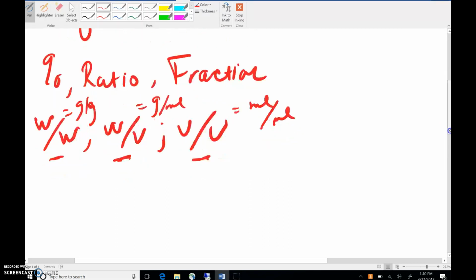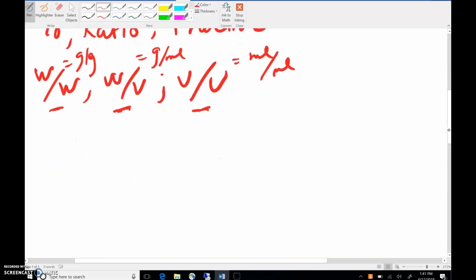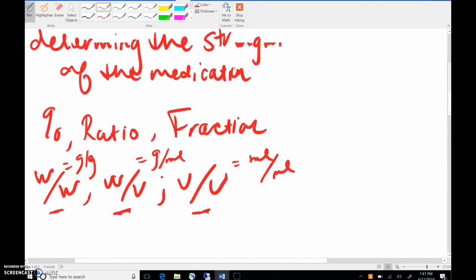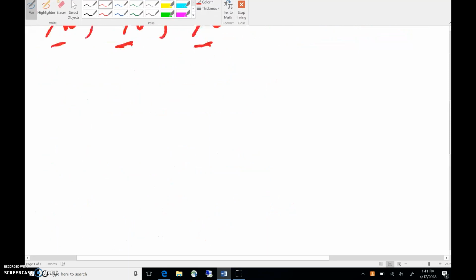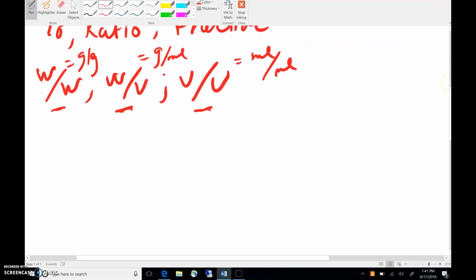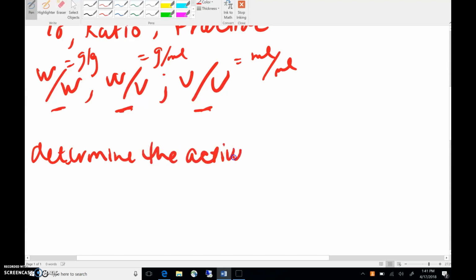In addition to determining the strength of the medication, sometimes in these concentration problems you may have to determine the active ingredient or the amount of the active ingredient.